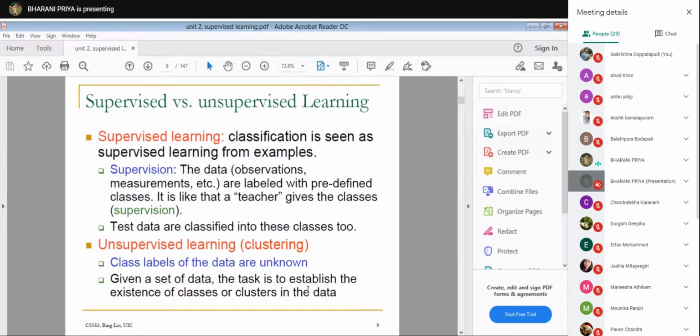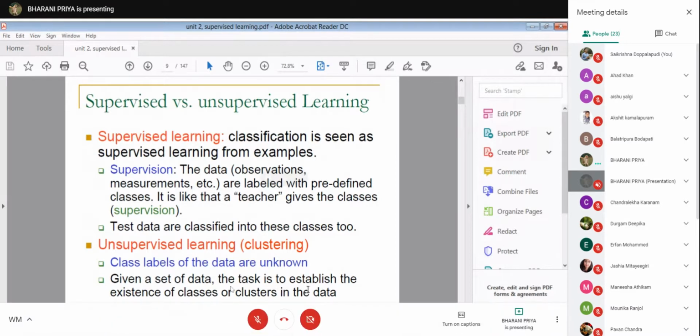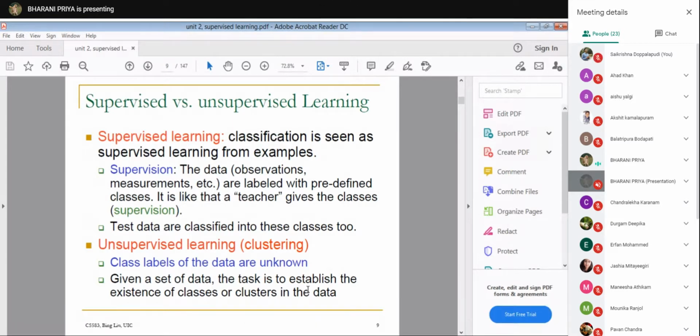What is the difference between supervised learning and unsupervised learning? Class labels. That means we'll classify the data with respect to class labels.